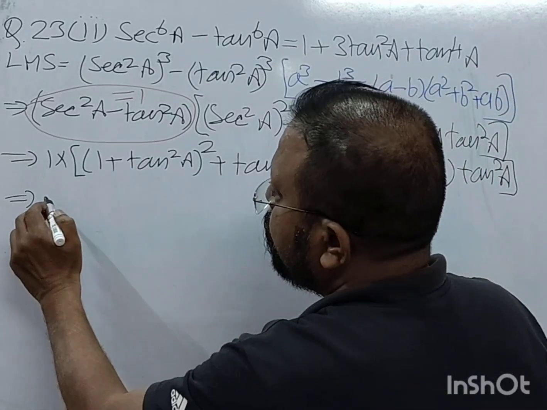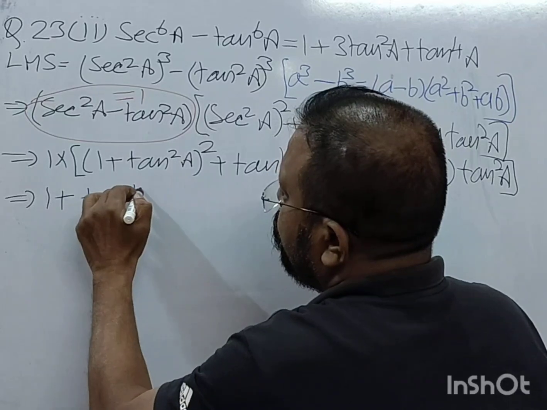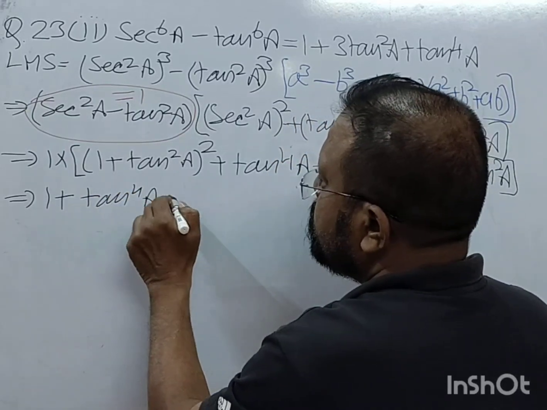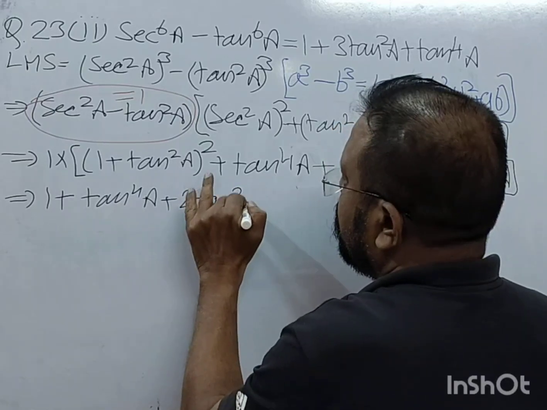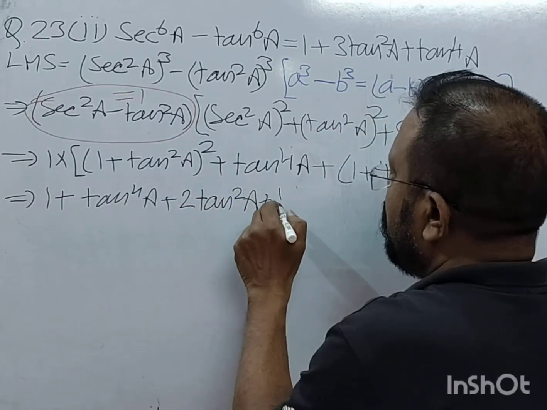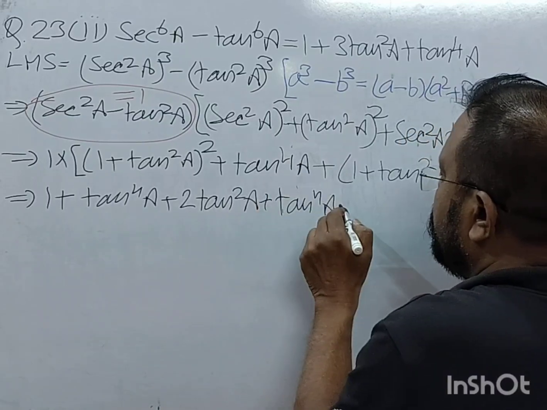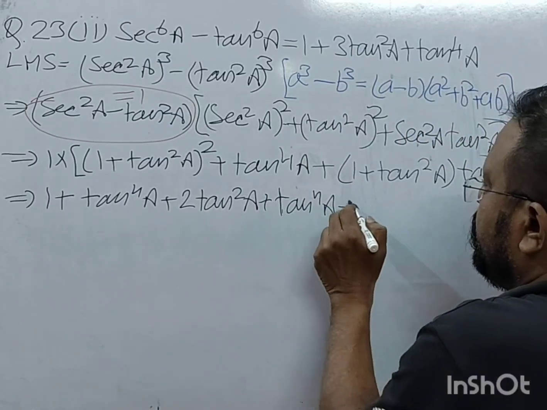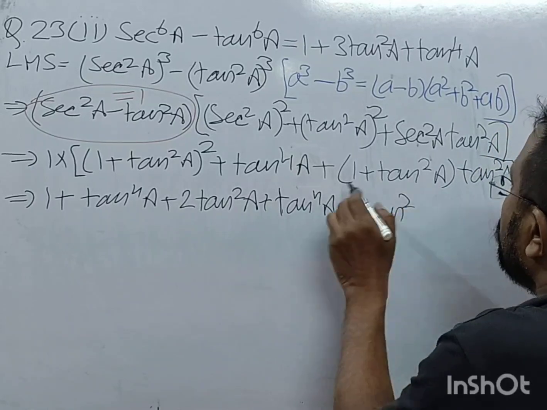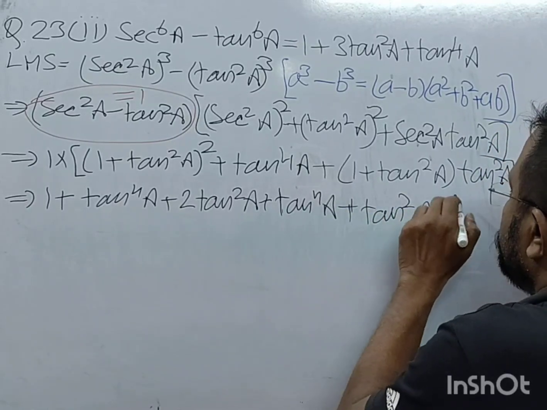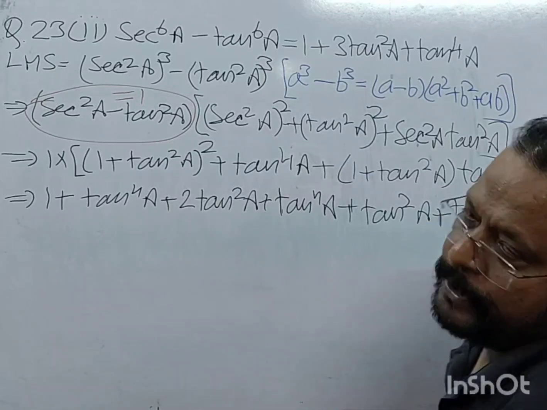So now we have 1 plus tan raised to the power 4a plus 2 tan square a, plus tan raised to the power 4a, plus tan square a plus tan raised to the power 4a.